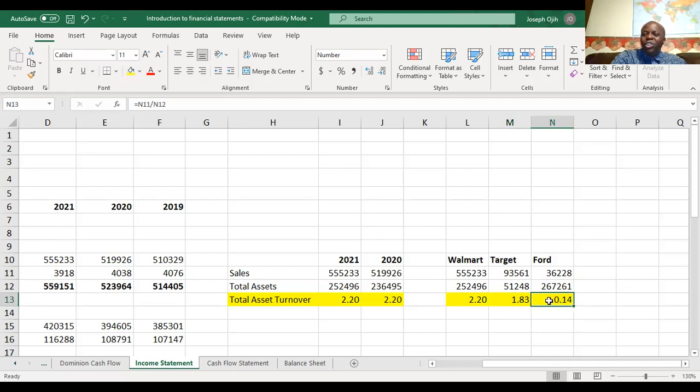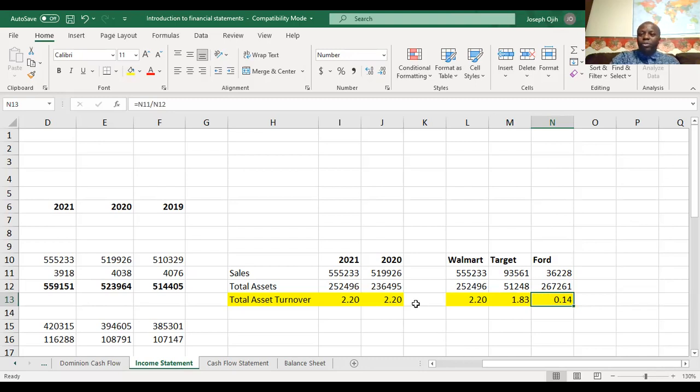But Ford generated less than they invested in their total assets. So they're not really generating enough money from their total assets, which is very understandable, because Ford has been struggling for some years now. The automobile industry has been having a problem for some time now.